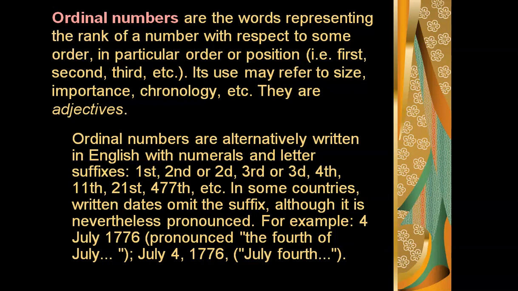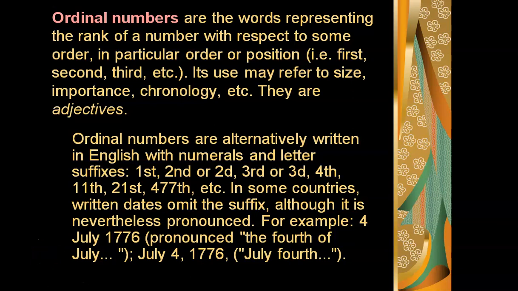Ordinal numbers are alternatively written in English with numerals and letter suffixes. First, second, or third: we must put the 1 and the st. The second, 2 and the nd, or 2 and d.